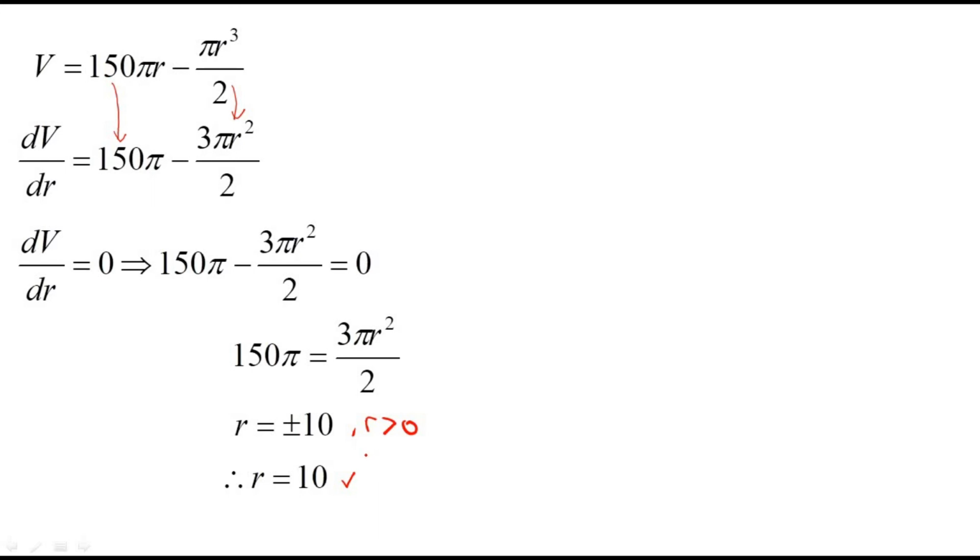To find the second derivative, we just differentiate our first derivative equation once more, and we get d²V/dr² = −3πr. I repeat, you just have to differentiate your first derivative equation.